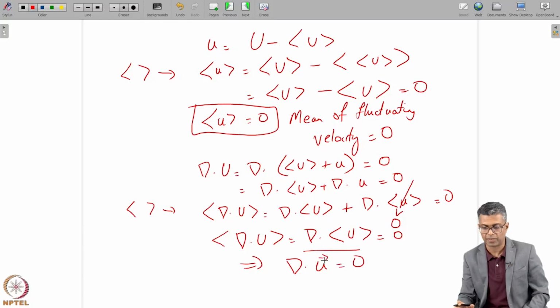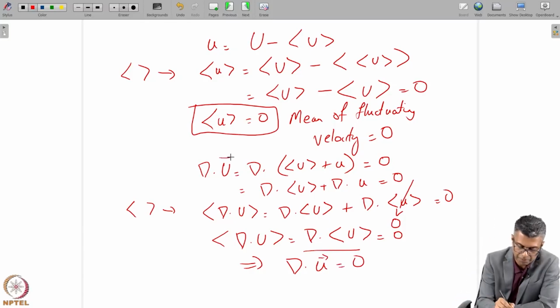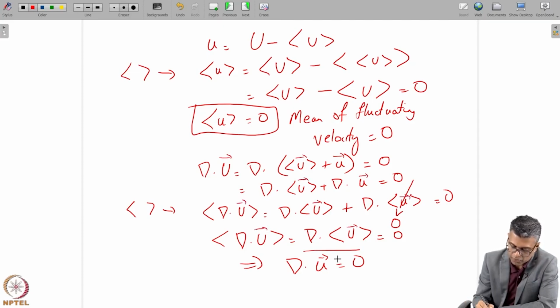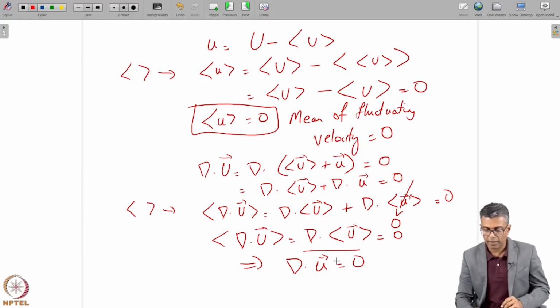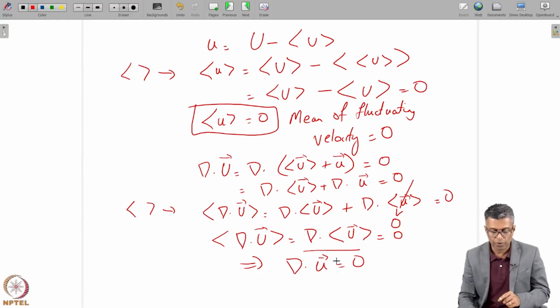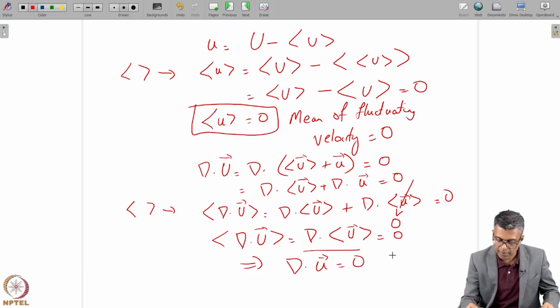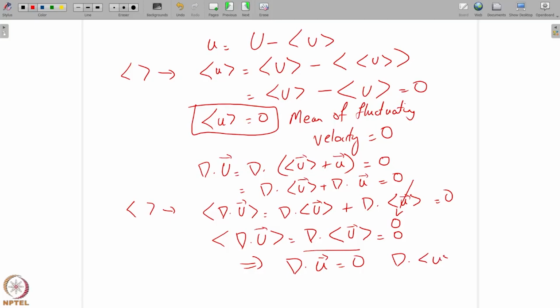By the way, all of these are vectors, just so that we are clear. We are taking a divergence, so it has to be a vector. Otherwise, divergence doesn't make any sense. So then what you have is del dot u is equal to 0. Also, what we know is that del dot the average of u is equal to 0, obviously, because the average of the fluctuating velocity is 0 itself, so the divergence of that is going to be 0.